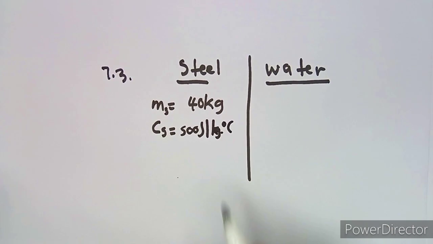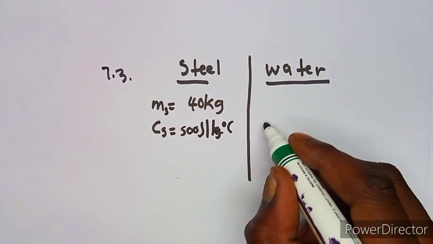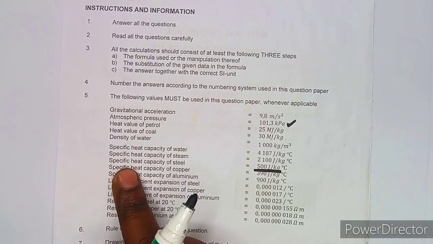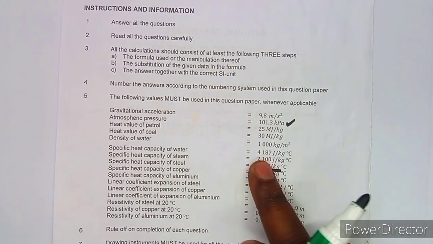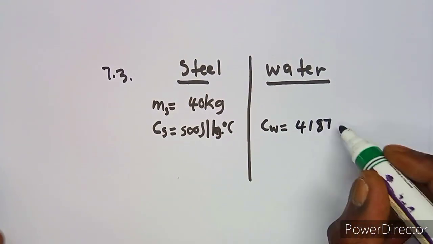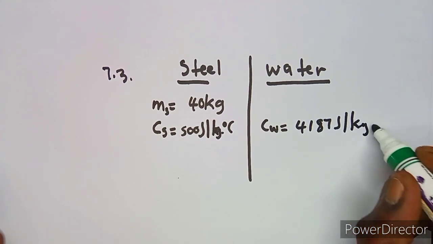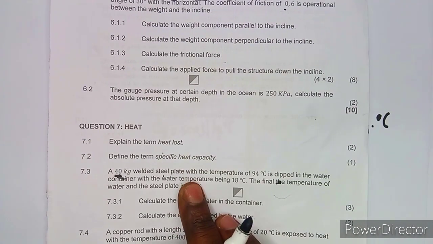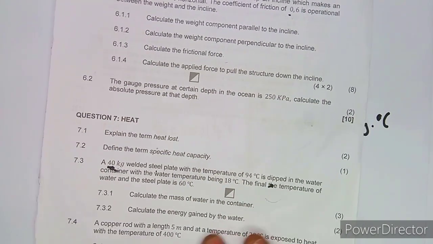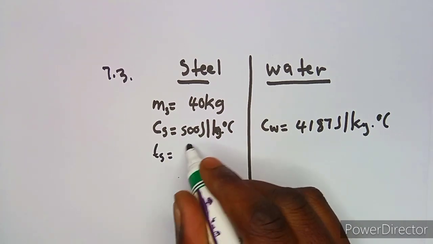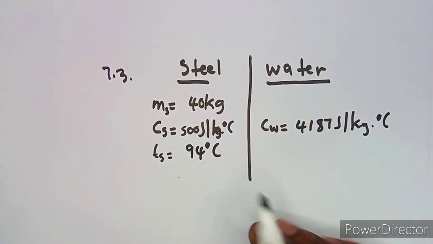We also have the specific heat capacity for water, which is 4187 joules per kg degree Celsius. So what happened is that the steel had a temperature of 94 degrees Celsius. This is the temperature of the steel before anything happens. It was 94 degrees Celsius.